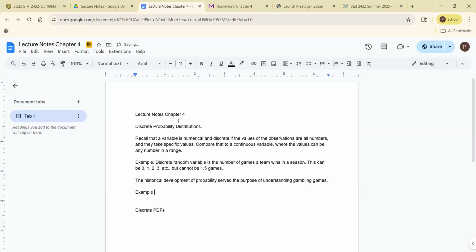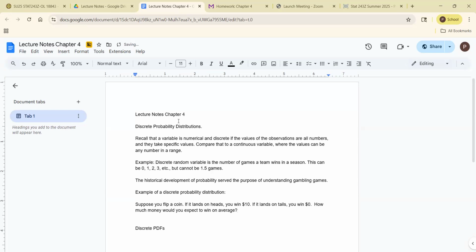So let me give you an example of a discrete probability distribution. Suppose you flip a coin. If it lands on heads, you win $10. If it lands on tails, you win nothing. You win $0. How much money would you expect to win on average?